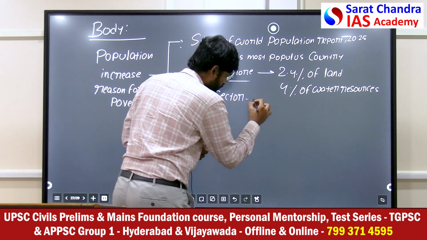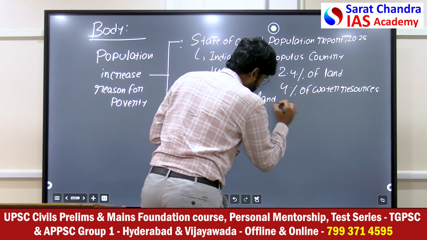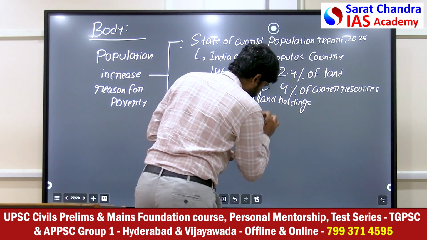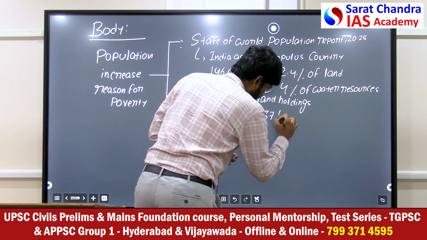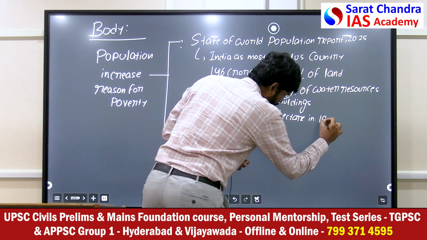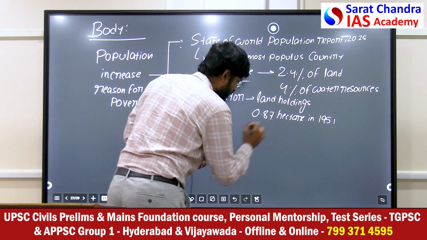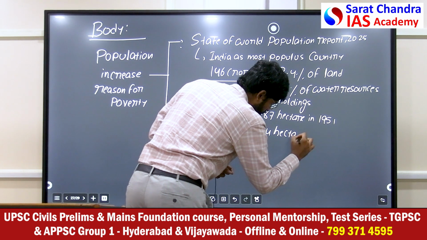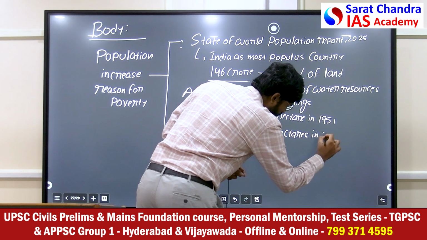In the agriculture sector, land holdings have been reducing. It was 0.87 hectares in 1951. It has become 0.14 hectares in 2011.